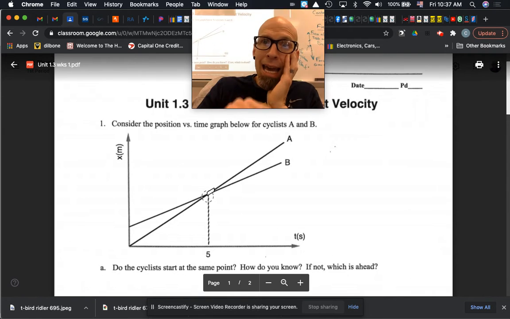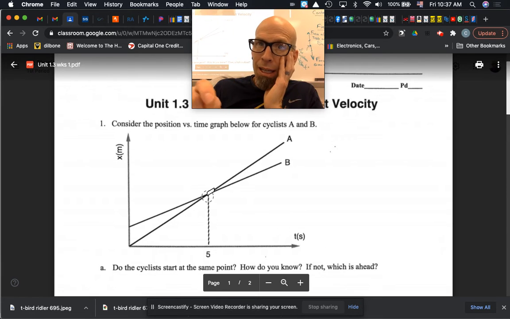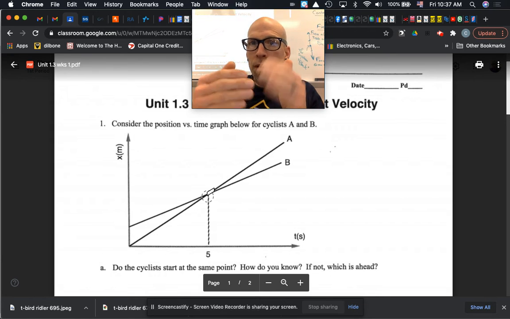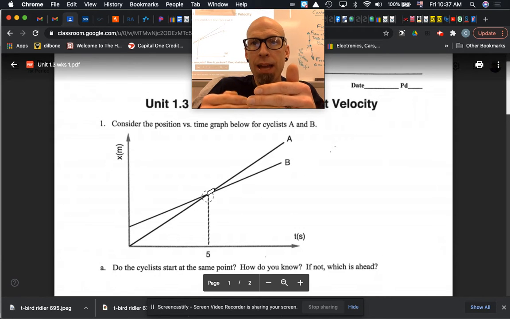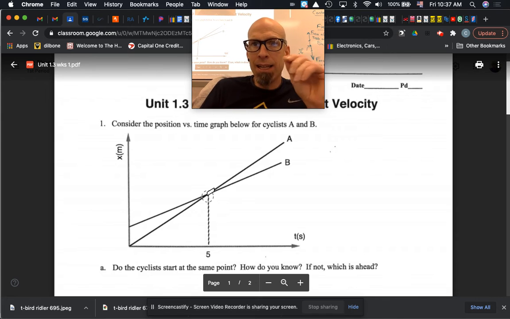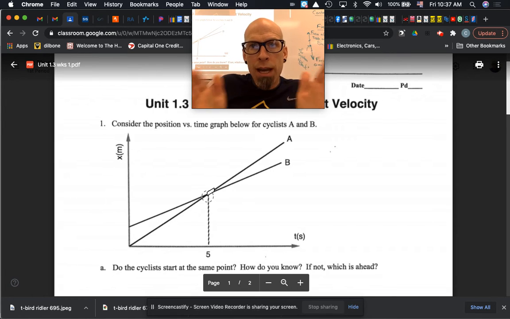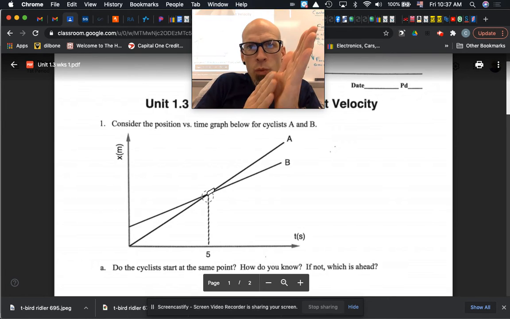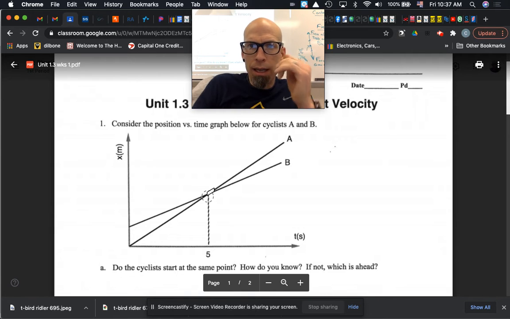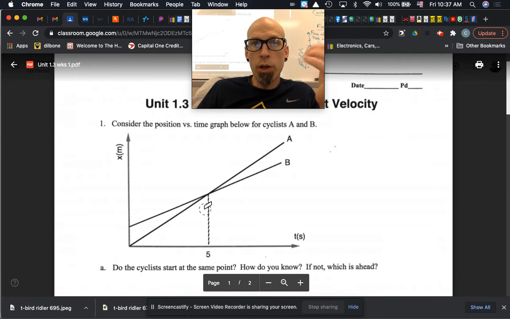A passed B. Do you see that's what's happening here? Before 5 seconds, B was still ahead. After 5 seconds, A is ahead. So at 5 seconds, when they were at the same place, that's when A passed B. That's how I would word it.